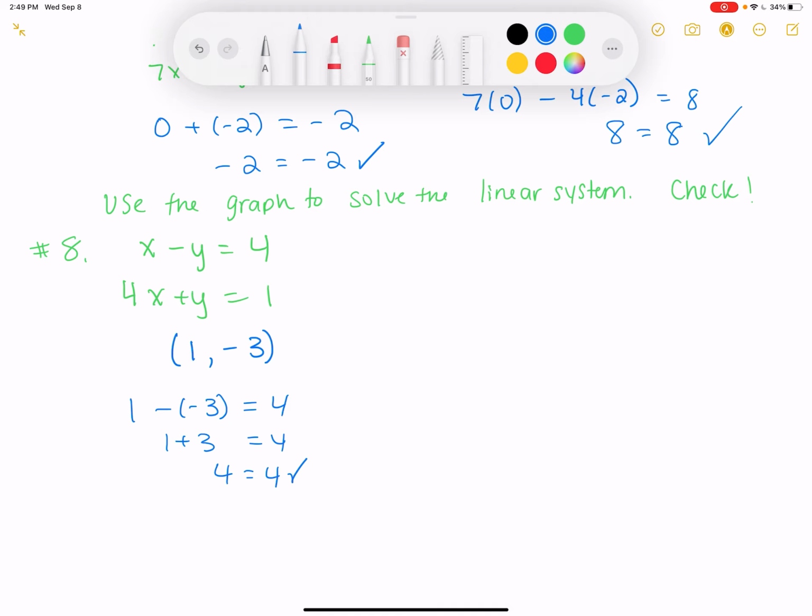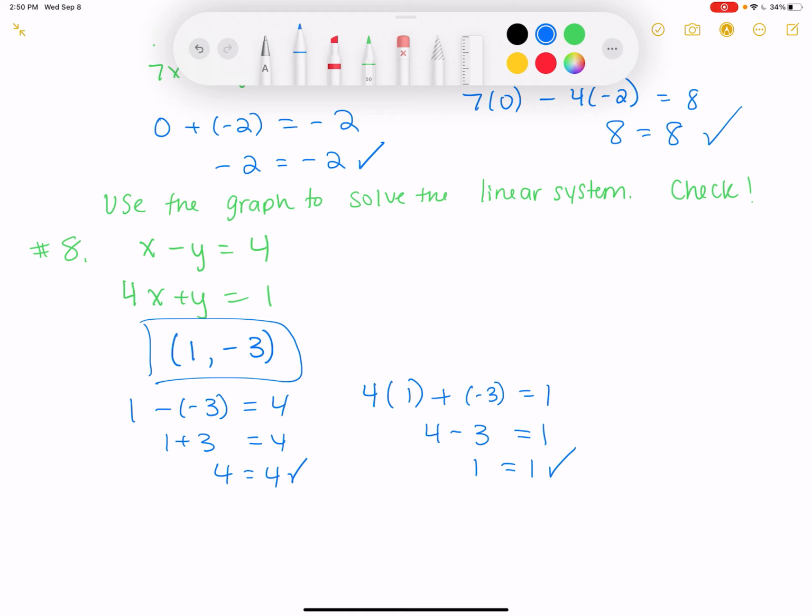We need to check the other one. 4 times 1 plus -3 is equal to 1. So this is really 4 minus 3 equals 1. So 1 equals 1, which means that is, in fact, the solution.